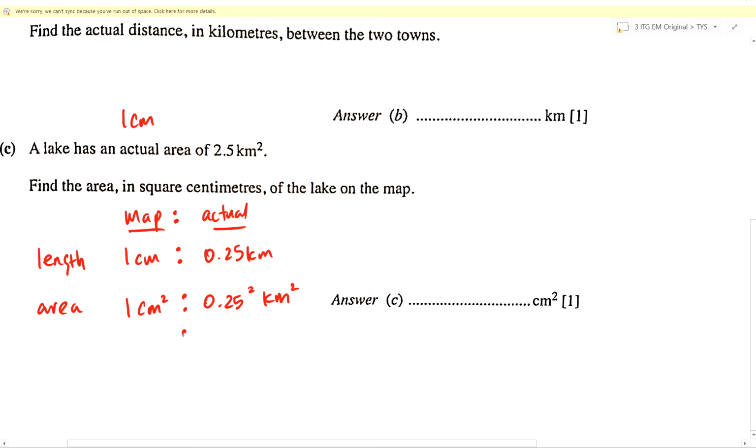So from here on, 0.25, we square that. And we get 0.0625 square kilometers. Since the actual required area is 2.5 square kilometers, work backwards and find the corresponding area in square centimeters. Okay, presentation is important.